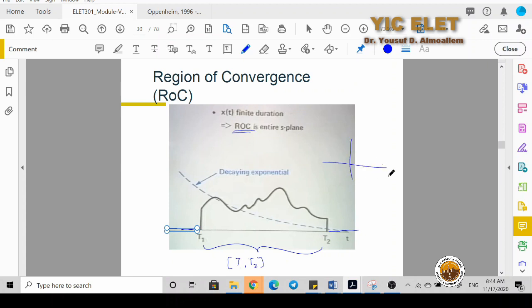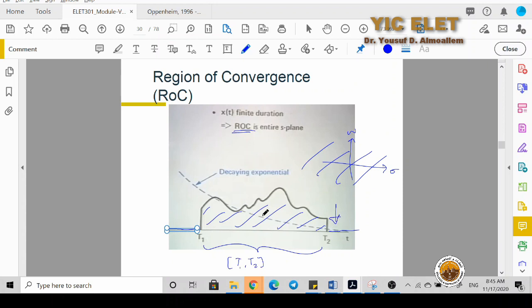So in this s-plane, this axis is real and this is imaginary. The entire s-plane is our region of convergence, from minus infinity to plus infinity. The reason is clear: we can find the entire area under this function, and if we multiply it by this decaying exponential, we push it further down.